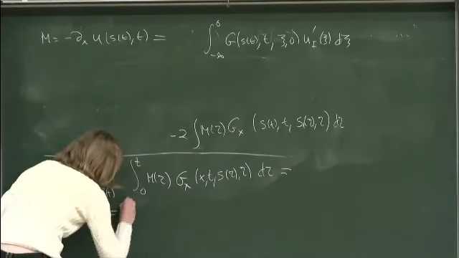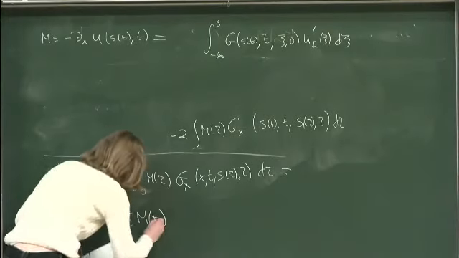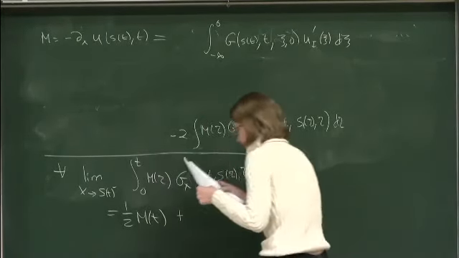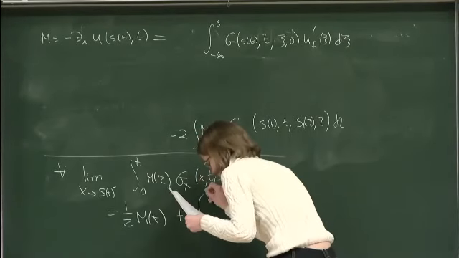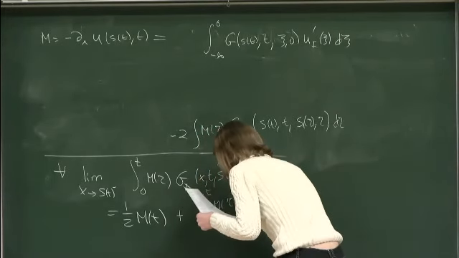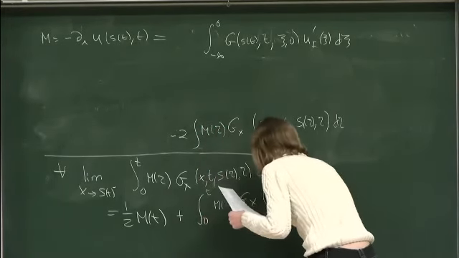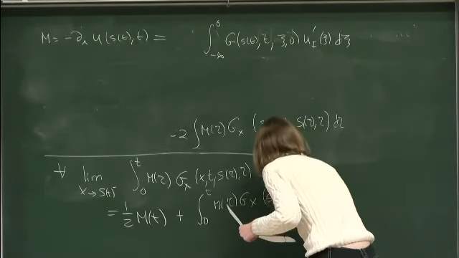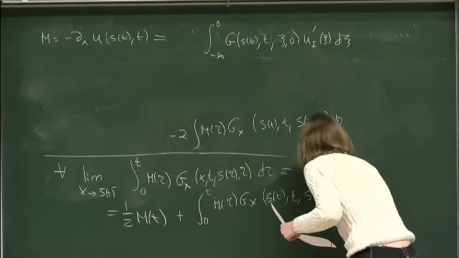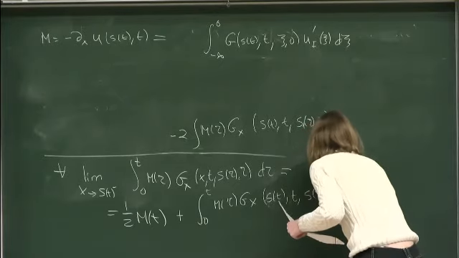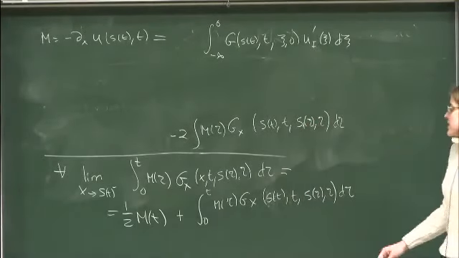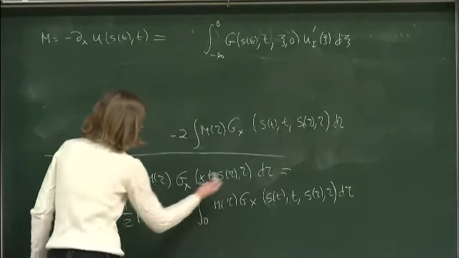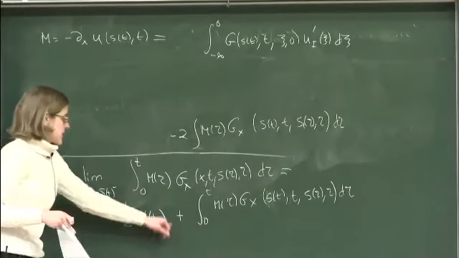This is giving you 1/2 m of t plus the integral from 0 to t of m of tau dx_t s of t, s of tau. So when you differentiate this thing, because when x_t equals tau you are going to have some trouble, this extra term appears.